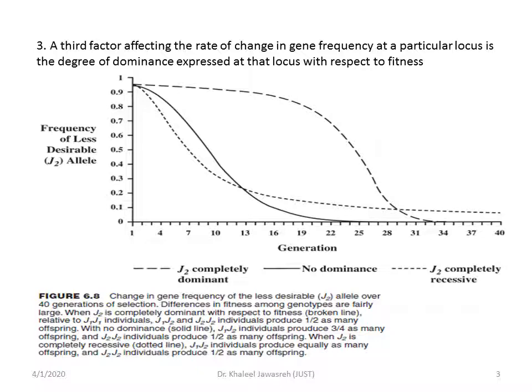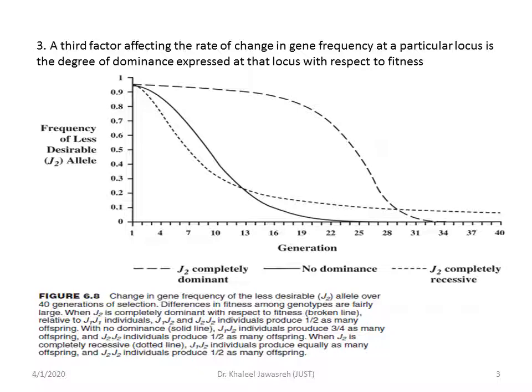But if you compare it with the solid line, which is no dominance, meaning both alleles contribute equally to the appearance, or to the phenotype, you can see it is directly reduced compared to the complete dominance.